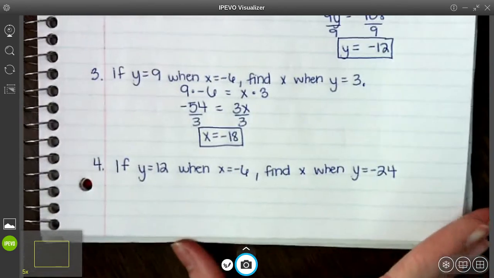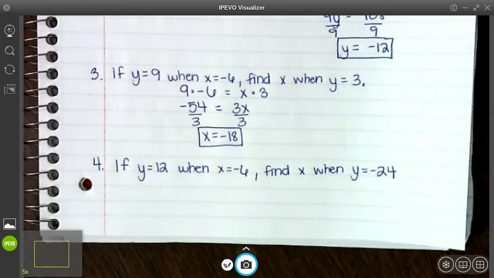All right, I want you to try number 4. So if y equals 12, x equals negative 6, find x when y equals negative 24.